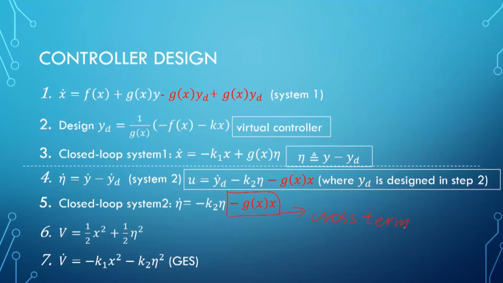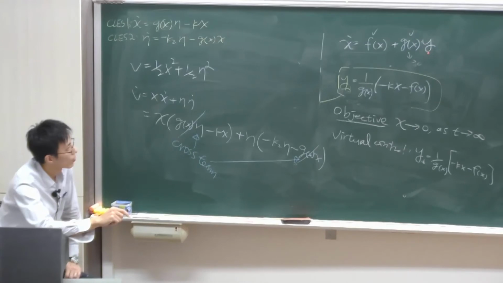And in here, you just do feedback linearization as I told you. But it cannot be y, it has to be yd, because y might not initially be yd.